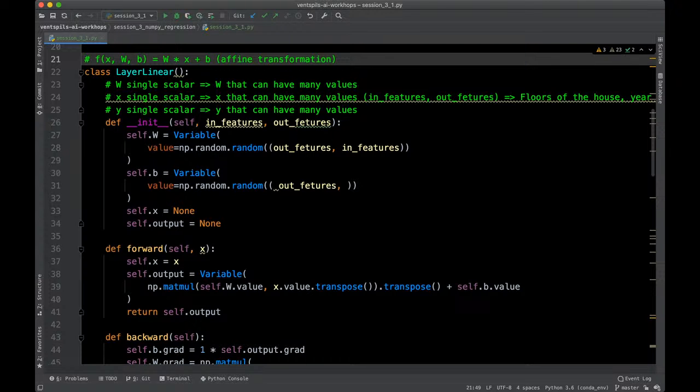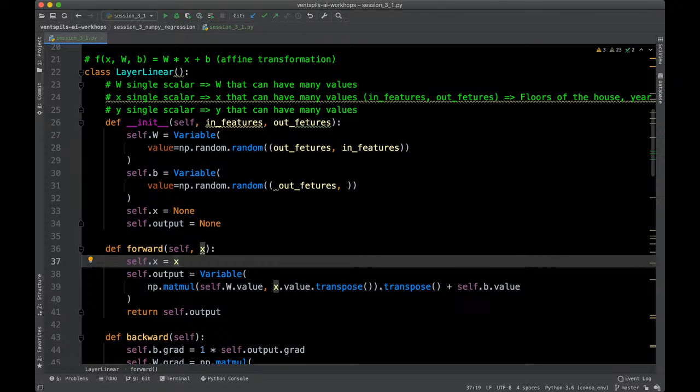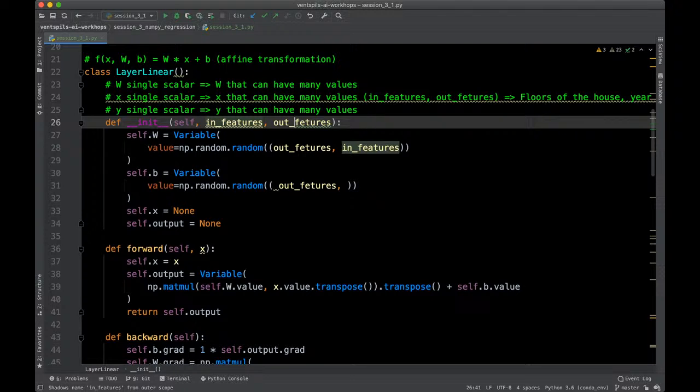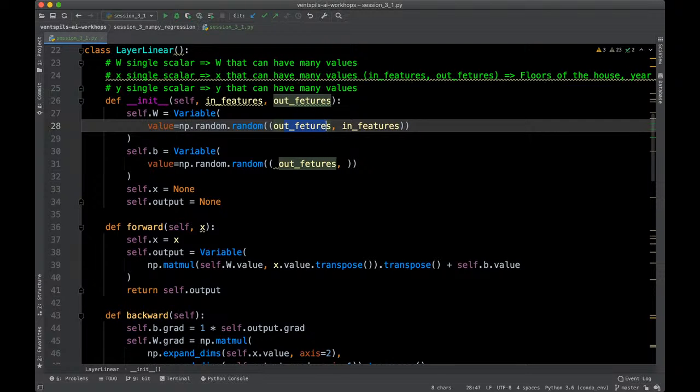Basically, we use the dot products, matmul here, and we can change the dimensions of the vectors. The idea is that in features are incoming dimensions and out features are outgoing dimensions, and that happens because if you look carefully at how the dot product works when you multiply by a matrix, with the in features and the out features on the rows, then you will get the columns of the out features, and that way you can change the size of your vectors.